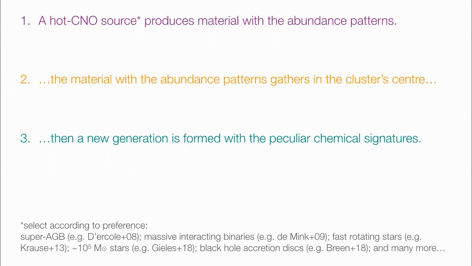And your choice of star is going to set the time scale where star formation takes place. Some are longer than others, but basically we're talking about approximately a few 100 million years between the star formation of the normal stars and the star formation of the stars with the funny abundance patterns.